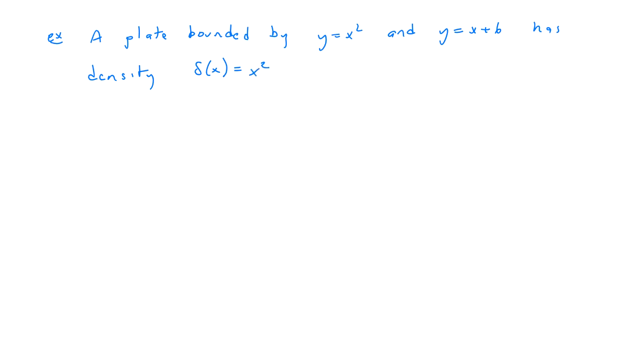Something simple, although I might not do the actual integral anyway. So we have now a plate, the two-dimensional thing where we assume it has unit thickness and the given density. So here's the picture. Not to scale or anything.